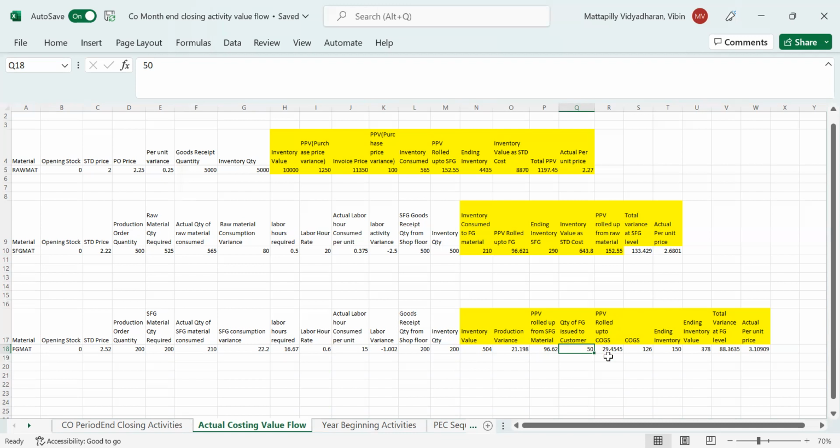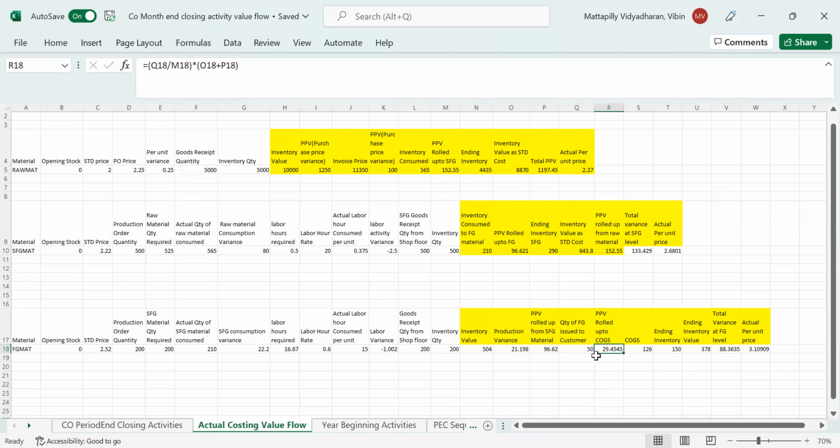Purchase price variance rolling up to the COGS is 29.45. So how is it getting calculated? 50 divided by quantity issued to the customer divided by the total quantity existing in inventory. Out of how much quantity? 200 quantity. This formula is here.